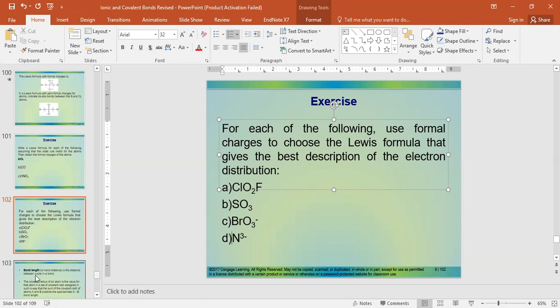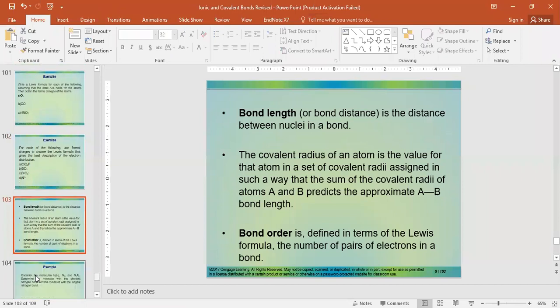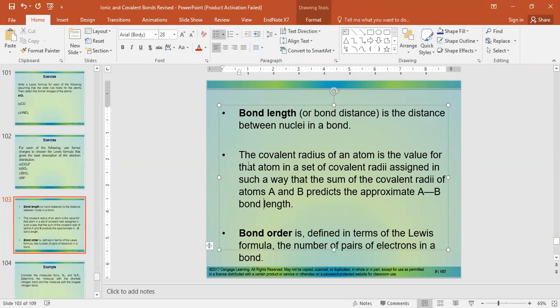So allow me to finish this, please. The bond length. The bond length here is simply the distance between the nuclei of 2 bonded atoms. And when we talk about the covalent radius, I explained that when I was talking about the bonding in hydrogen, the shortest distance between the nuclei of 2 bonded atoms, you divide that by 2.